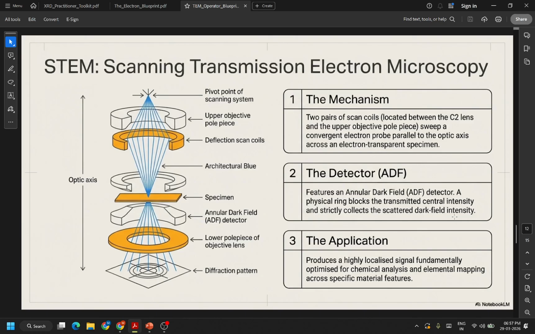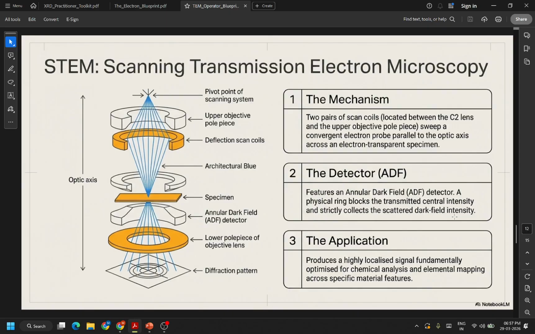Then STEM, which is similar to SEM because it also involves scanning, but here the detectors are looking at the transmitted electrons instead of backscattered or secondary electrons. Hence it's STEM, scanning transmission electron microscopy. It also uses scan coils.